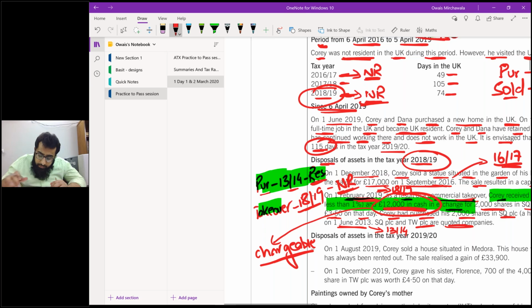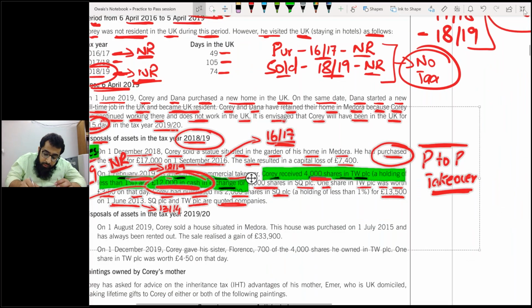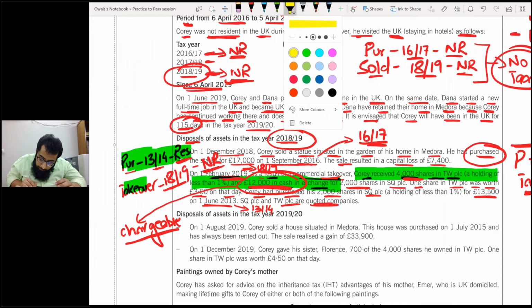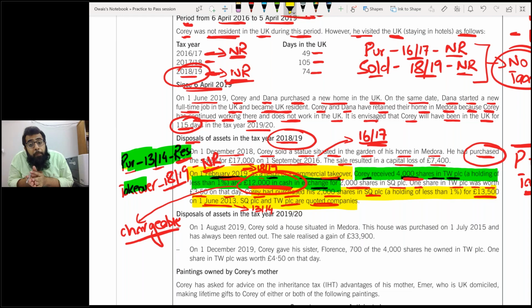When did you purchase these shares? Corey had purchased these shares in SQ PLC on 1st June 2013. In 13/14, you were resident. And this takeover is in February 19, when you were non-resident. So if there will be any chargeable portion, that will be taxable when you come back to UK.